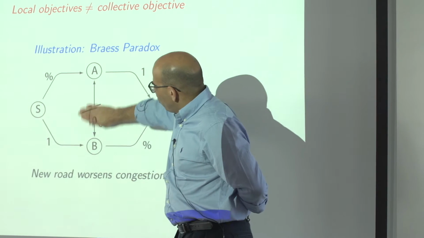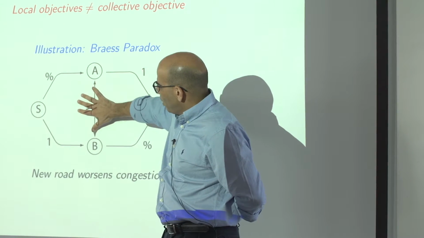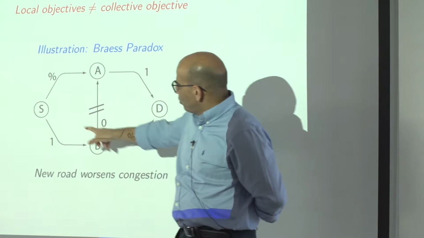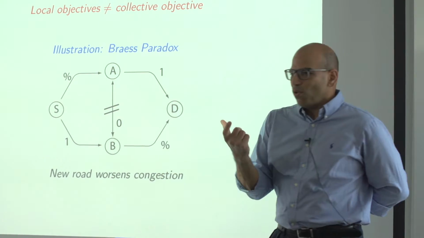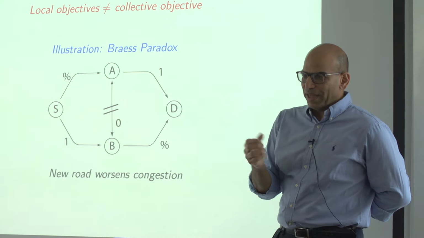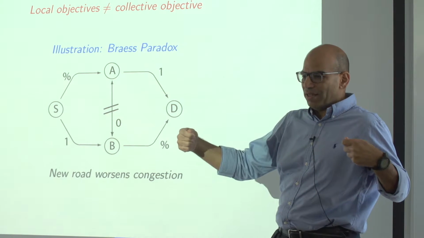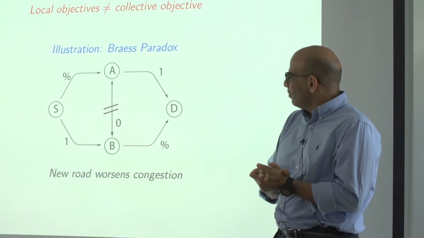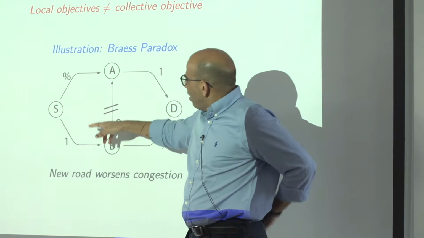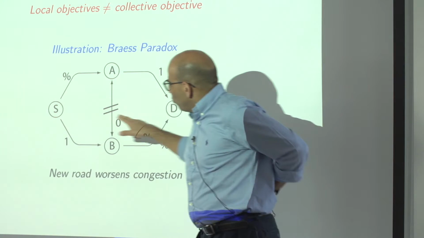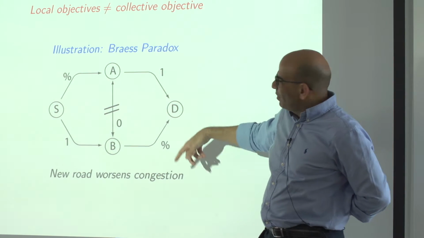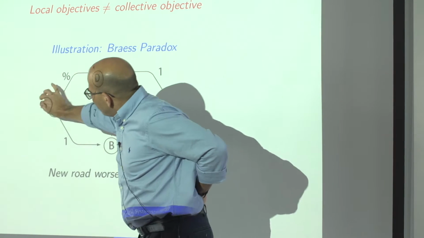So for now, ignore this link in the middle. And so what we have here, we have a whole continuum of agents. Think agents, a volume of agents that equals 1. They want to go from the source to their destination, and so the agents need to split.